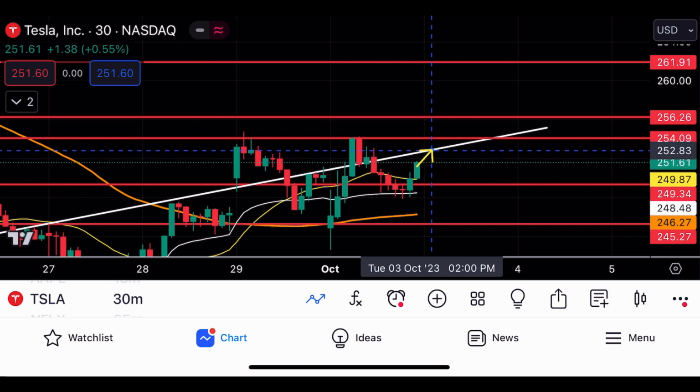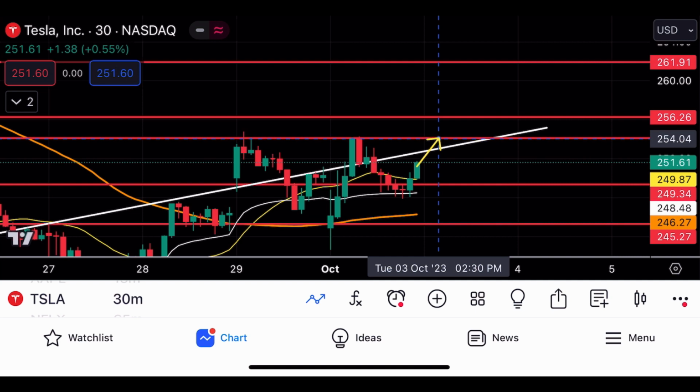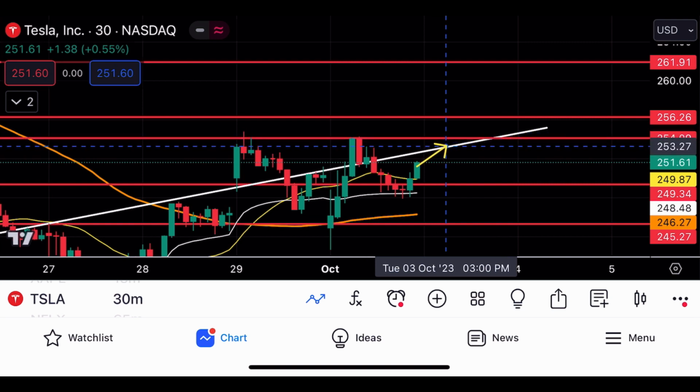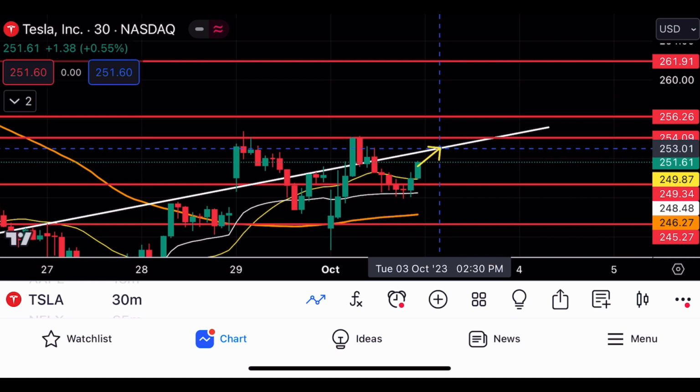So now I'll be looking for us to go ahead and test that 252.80 to 253 area before seeing the 254 area where we could possibly reject. If we possibly reject, we can bounce off that 253 area. That's what I'll be looking for.